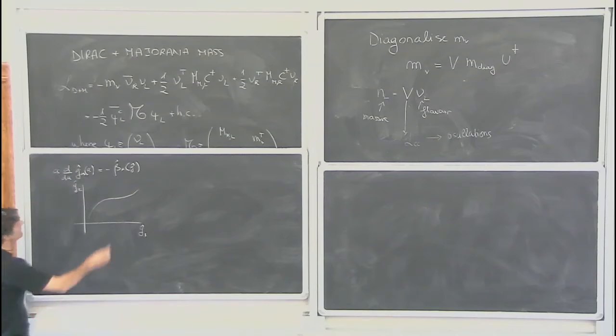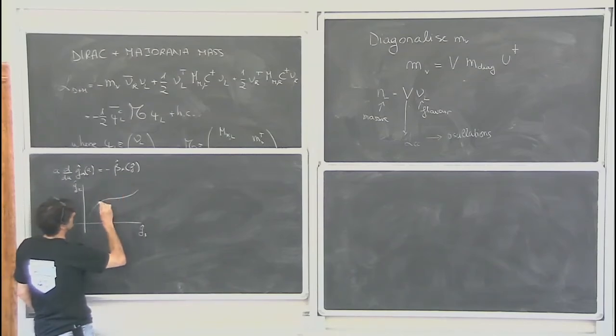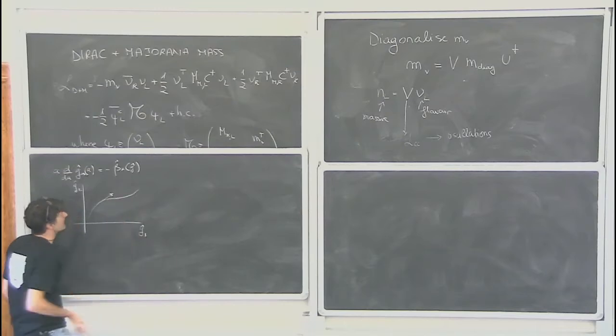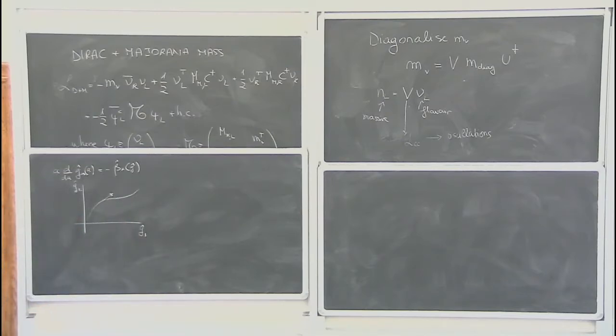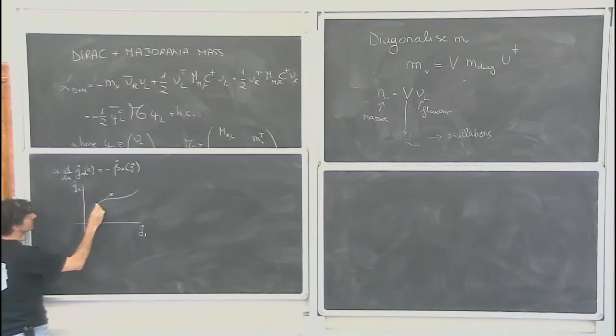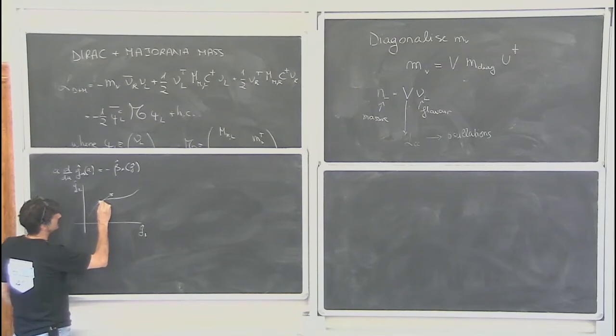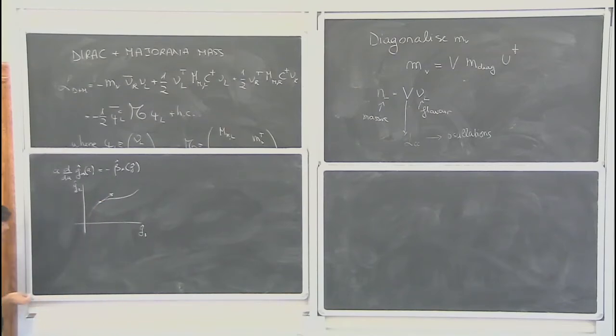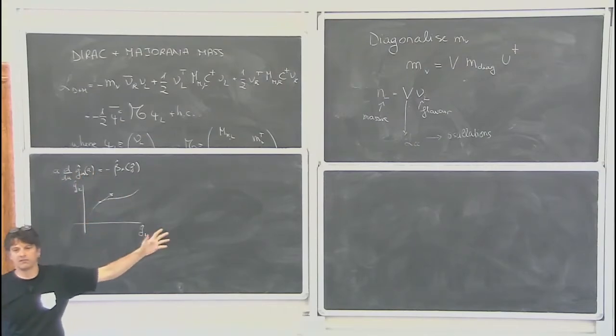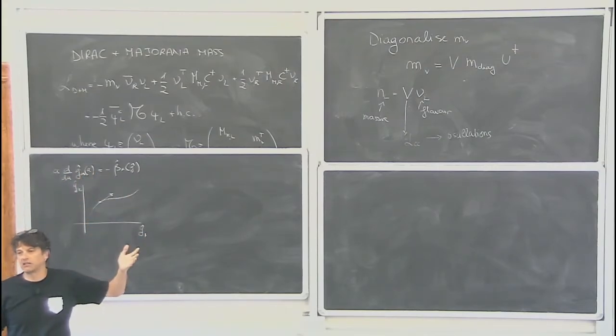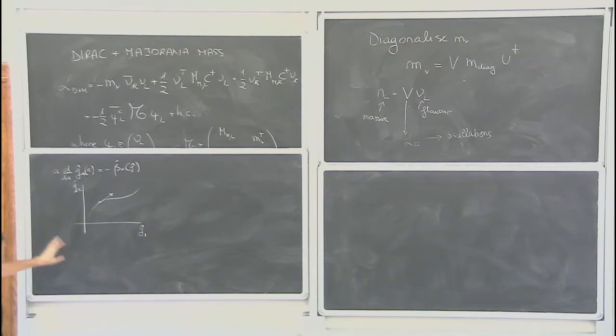And the beta function just defines the tangent to this curve at any given point. So clearly, if the relation between Λ and g is invertible, you can always trade a Λ dependence and rewrite it in terms of the g couplings.